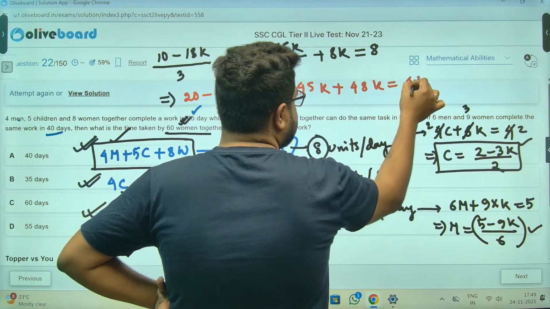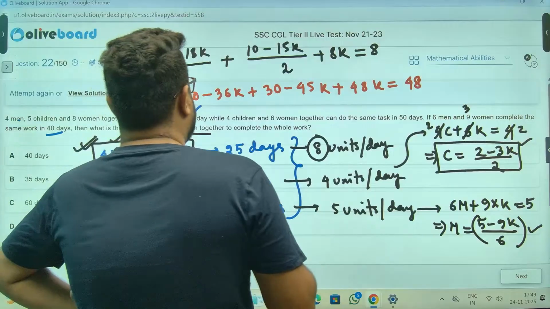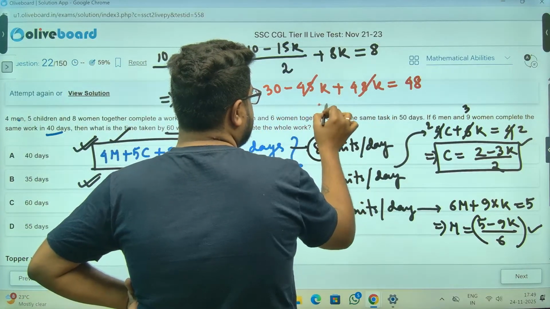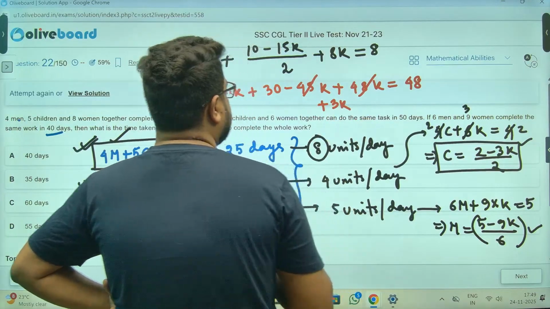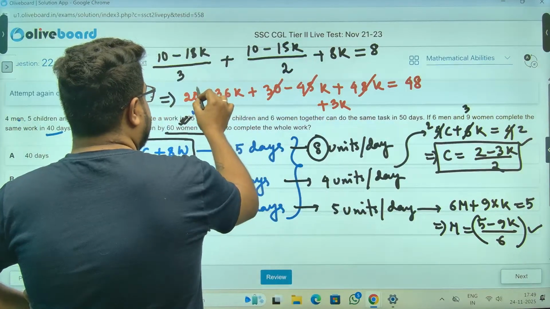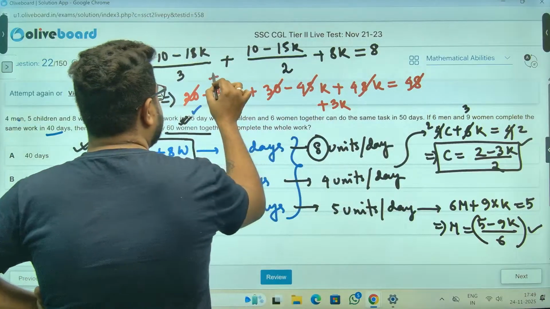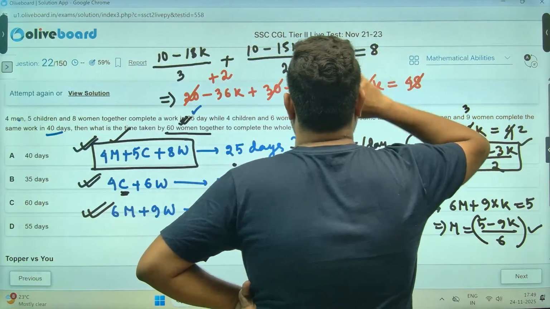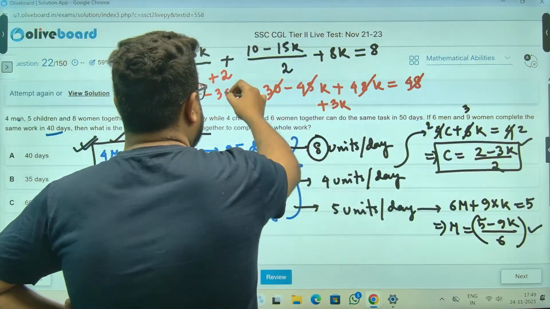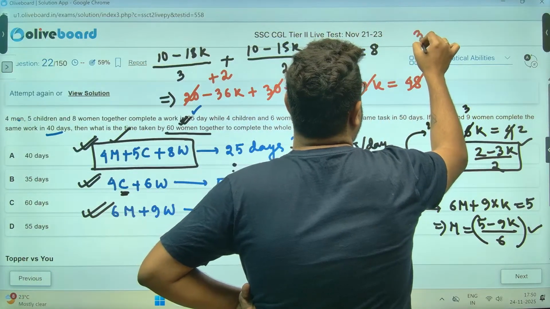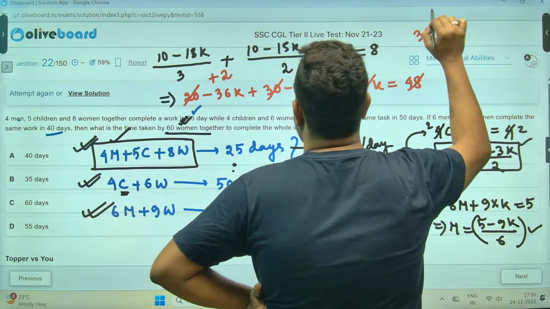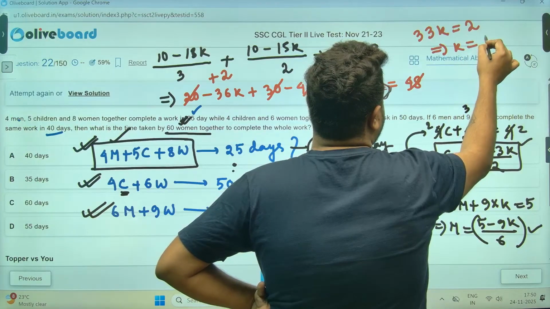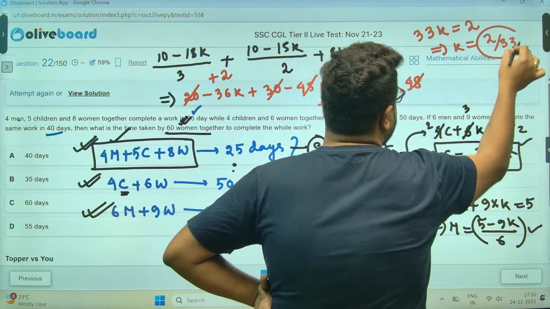So this is plus 3K. 30 and 20, 50 plus 48, meaning this will be plus 2 here. So plus 33K is equal to 2 only, because all this has cancelled. So K is equal to 2 by 33 units.